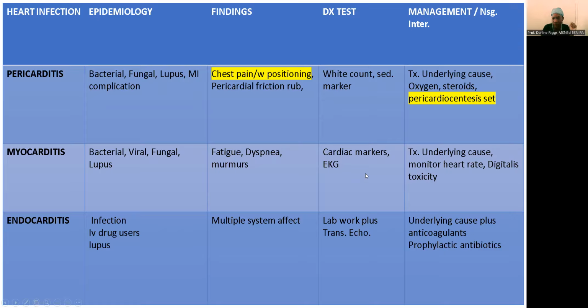Same thing, what is causing it? We're going to need to look at the underlying cause. We're going to monitor their heart rate. They're going to be on digitalis. And we're going to watch and make sure they're not toxic on it. Not many questions on that one.